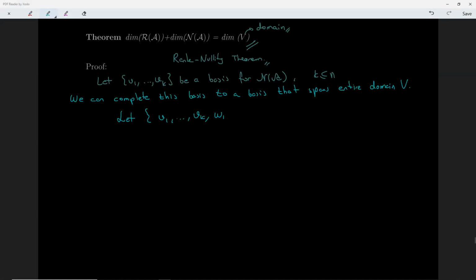So w1, w2, and w n minus k be a basis for V. Of course, in that basis set there have to be n elements, because the dimension of the domain is equal to n, and the definition of the dimension was the number of elements in a basis set.